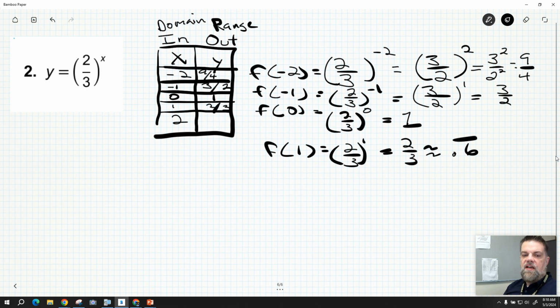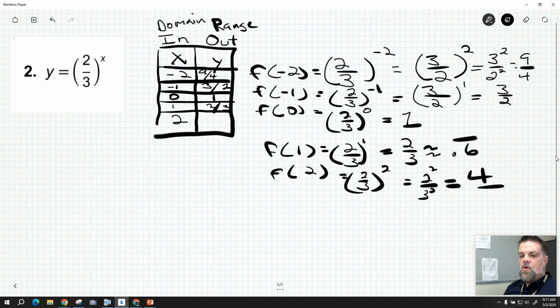And then f of 2 is 2/3 squared, which is the same as 2 squared over 3 squared, because you're distributing that 2 through, which is going to be 4/9. And that would be 0.4 repeating, right? Is that what you got on your calculator? 0.444? Yeah. So that's 0.4 repeating. All right, cool. So I'm going to pause the video for a second.